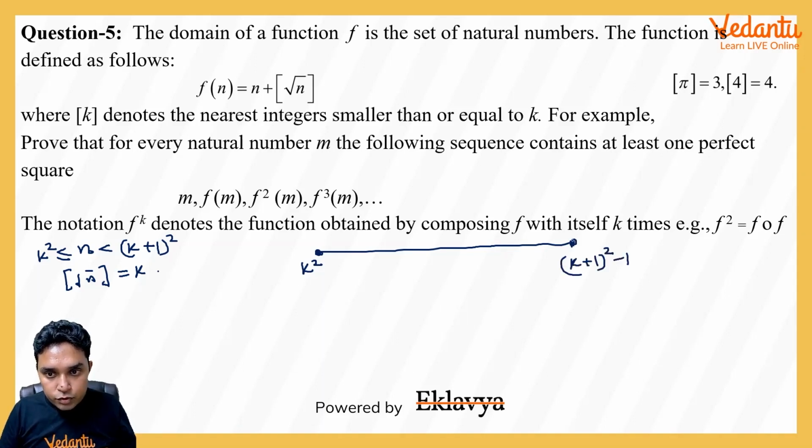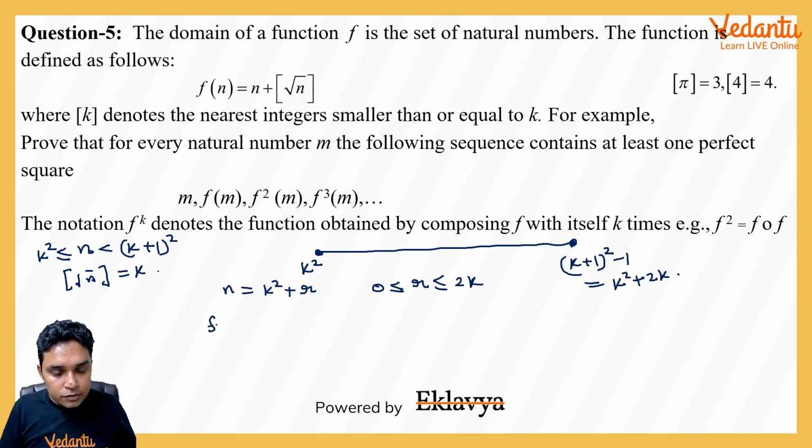This is also included. Here (k plus 1) whole square was not included, but if I subtract 1, it will be included. So these are the values we can take for n. So suppose I take n to be equal to k square plus r, in which r goes from 0 till 2k. This can be written as k square plus 2k also.